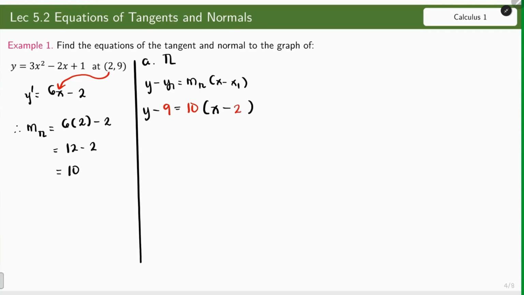Distributing the 10 to x minus 2, we have y minus 9 is equal to 10x minus 20. And then transforming this to general equation will give us 10x minus y minus 11 is equal to 0. So this is the equation of the tangent line.